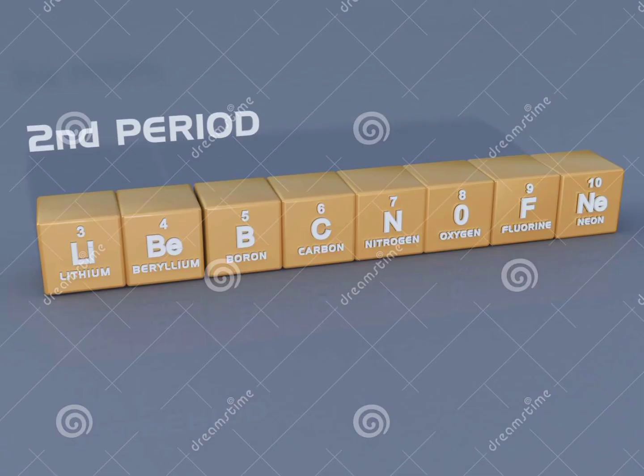Children, if you look at the elements present in the second period, you will find that these elements do not have the same number of valence electrons, but they contain the same number of shells. You also observe that the number of valence shell electrons increases by 1 unit as the atomic number increases by 1 unit on moving from left to right in a period.